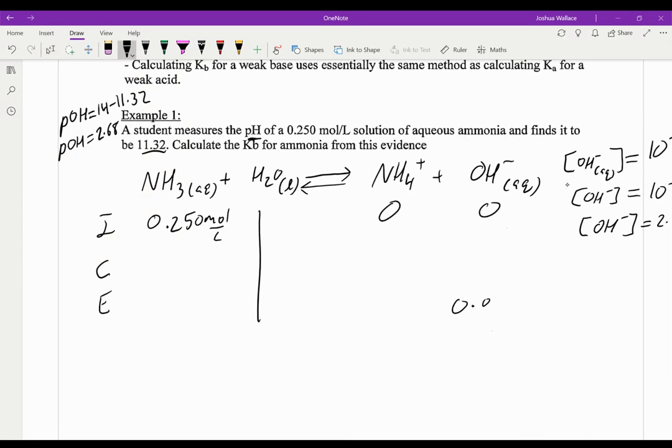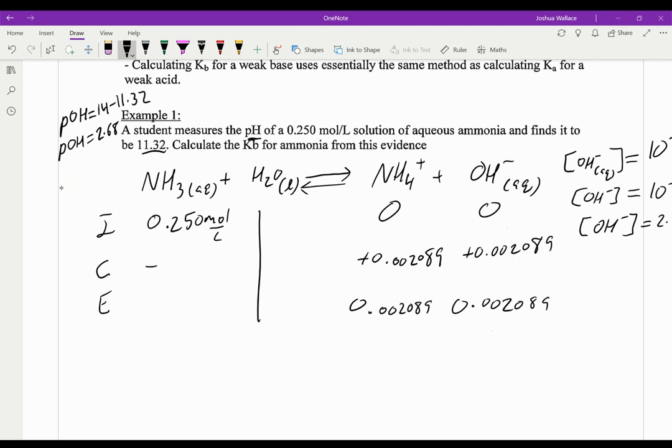So 0.002089. That's going to pop up again here for NH4+, so 0.002089. This will be plus 0.002089 and plus 0.002089.